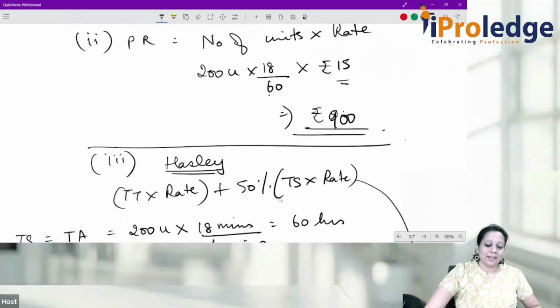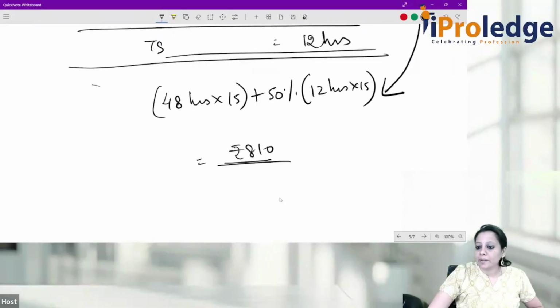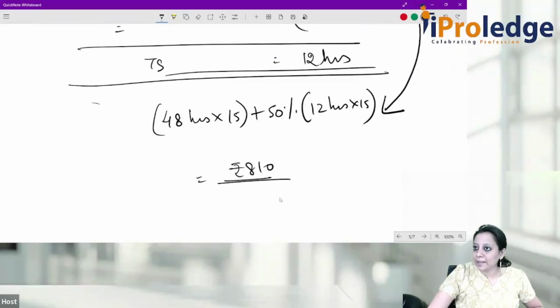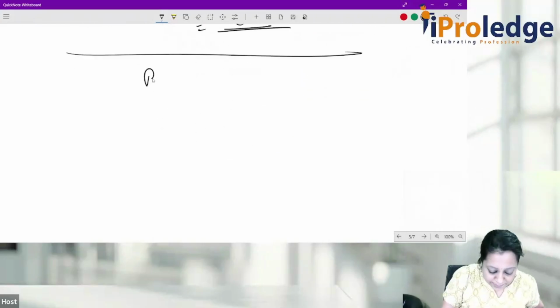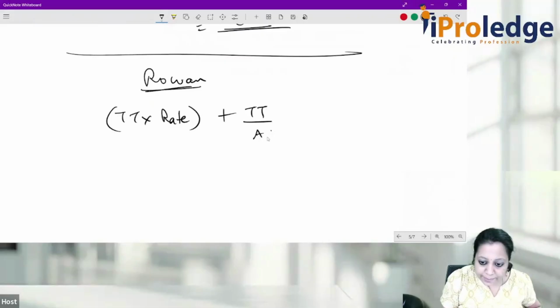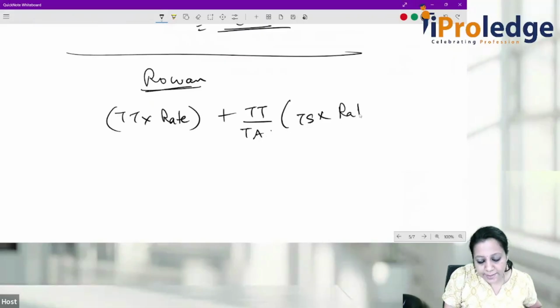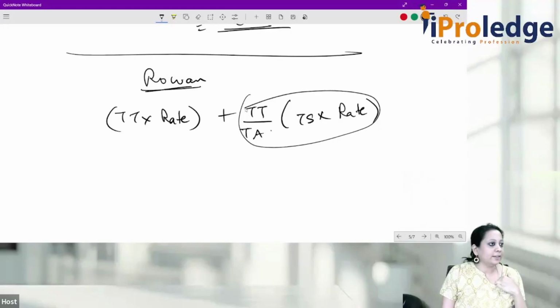Anyway, now we will proceed to Rowan's method. Row 1 is going to be time taken into rate plus time taken divided by time allowed into time saved into rate. This also is with variation and proportion, we learned it in the regular batch.